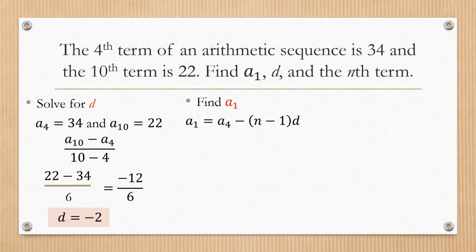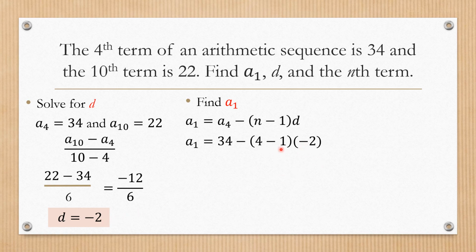Using the formula, a sub 1 equals a sub 4 minus the quantity of n minus 1 times d. Now, the value of a sub 4 is 34 minus the n. Since 34 is the fourth term, we will be using n as 4 here. Minus 1 times the common difference that we obtained, which is negative 2.